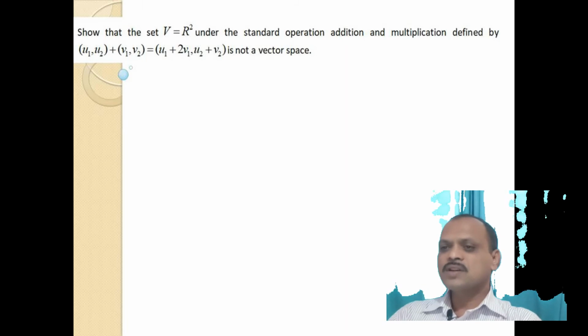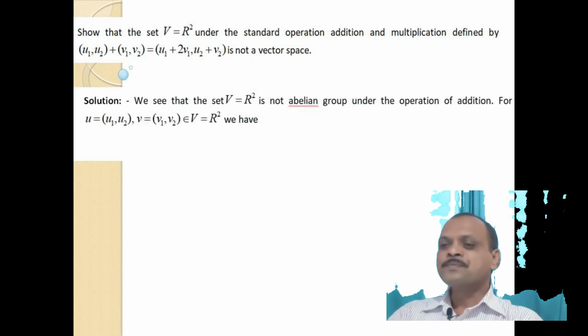Now consider another set V equal to R2, ordered tuples once again, where addition is defined as U1 comma U2 plus V1 comma V2 equal to U1 plus 2V1 comma U2 plus V2. Take U equal to U1 comma U2 and V equal to V1 comma V2.